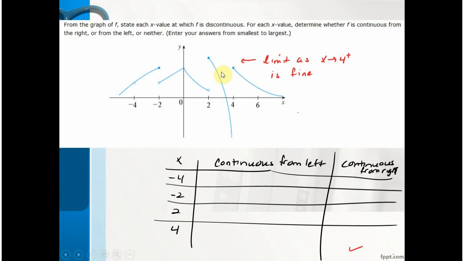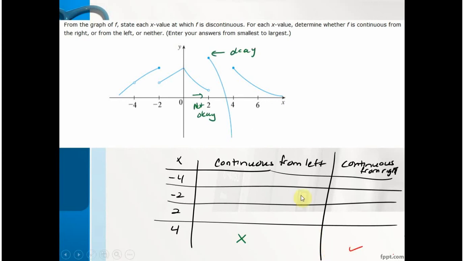However, as I approach x equals 4 from the left, I don't approach a y value. So therefore, it's not continuous from the left. We write x approaches 4 with this little minus sign at the top, indicating that we're approaching from the left. So I notice here I put an x. It's not continuous from the left, but it is continuous from the right.